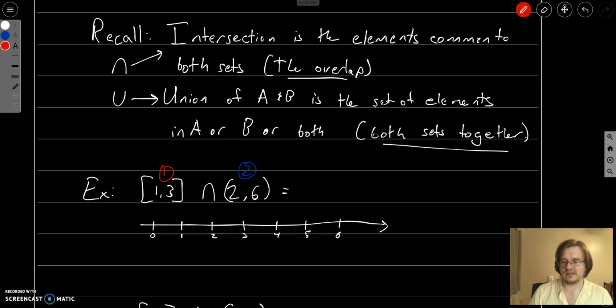And the first interval goes from 1 to 3, and both endpoints are square brackets, meaning that we'll include both 1 and 3. The second interval is from 2 to 6, not including 2, and not including 6.